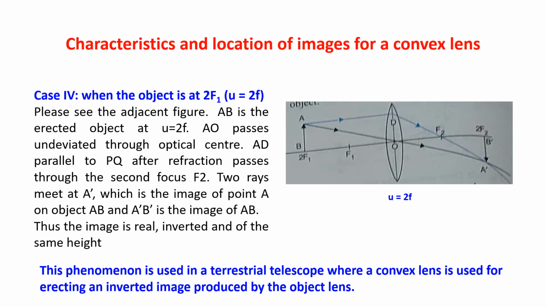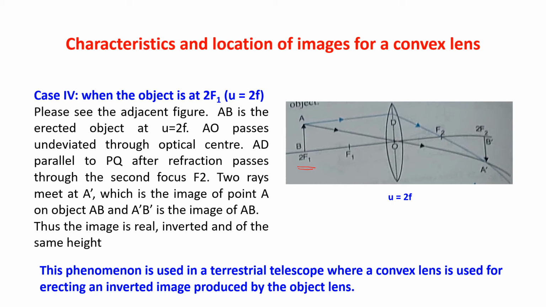Next is case 4, when the object is at 2f1. See here, the object is placed at 2f1. That means u is equal to 2f. What will happen? You have to consider two rays.